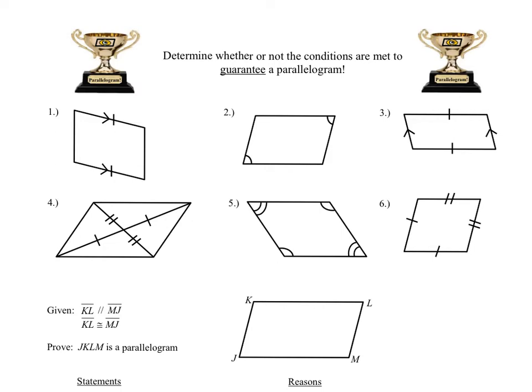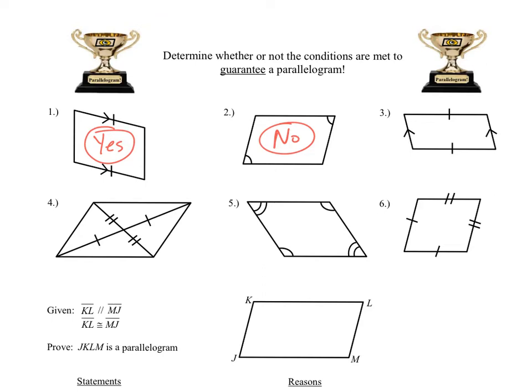We have a theorem that backs that up, so yes, this is a parallelogram. In the second example, we have one pair of opposite angles marked congruent, but we don't know whether the other pair of opposite angles are congruent. That's not enough to guarantee a parallelogram. No trophy for that one. We'd have to say no.